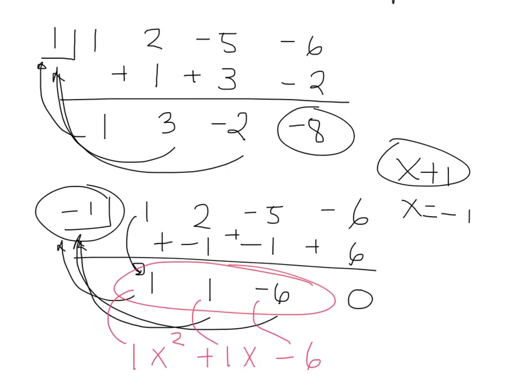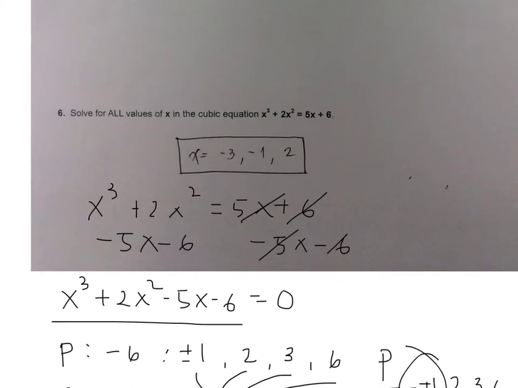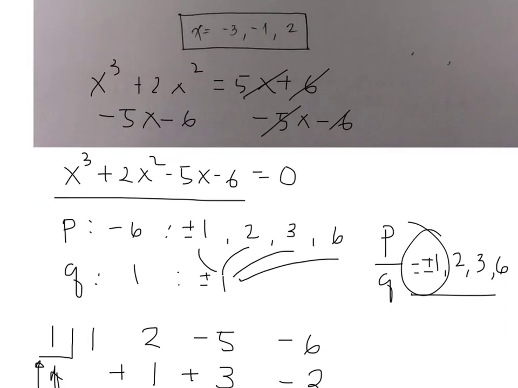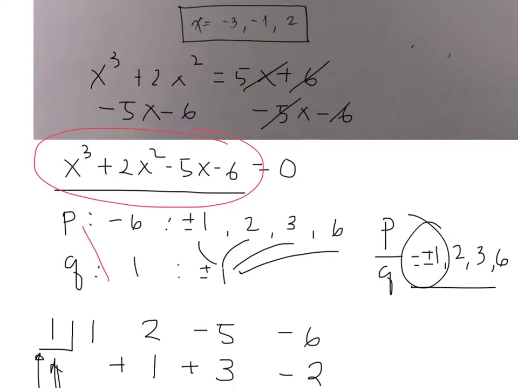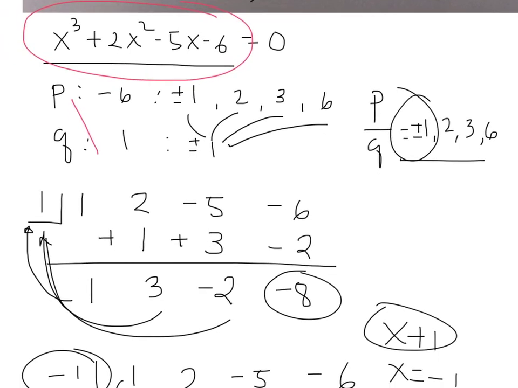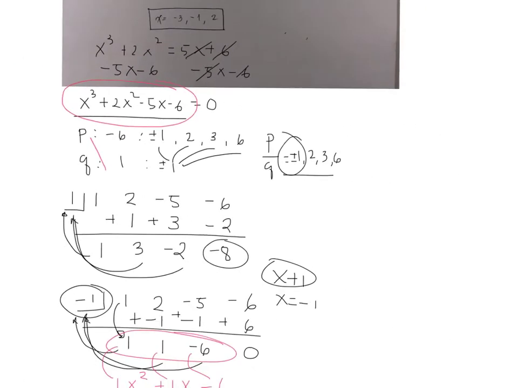So, the polynomial x cubed plus 2x squared minus 5x minus 6 is equivalent to x plus 1 times the other factor, x squared plus x minus 6.